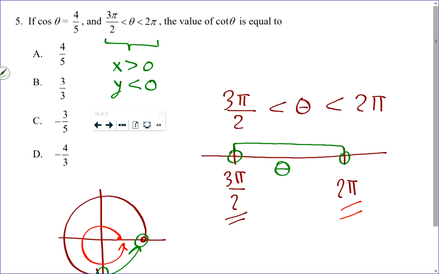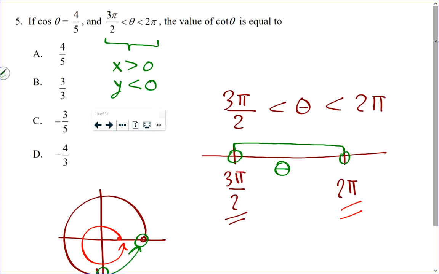That leads to the conclusion that cosine of theta will be a positive thing because x is positive, and secant of theta will be a positive thing because secant is just the reciprocal of cosine. So if cosine's positive, secant's positive. On the other hand, I know looking at that statement if y is negative that both sine of theta, which is connected to y, and cosecant will be negative.